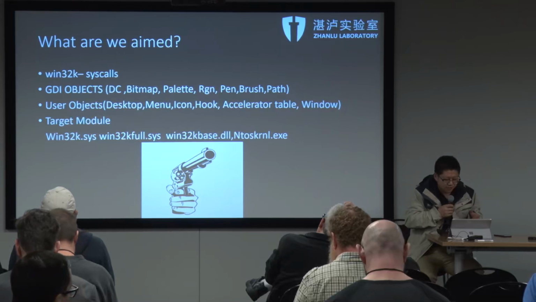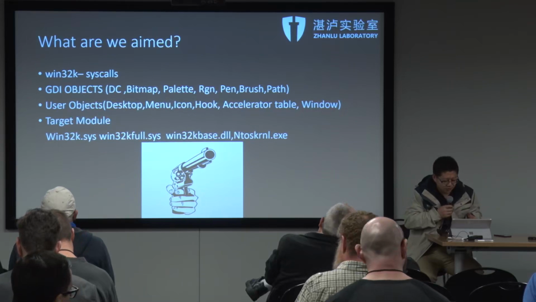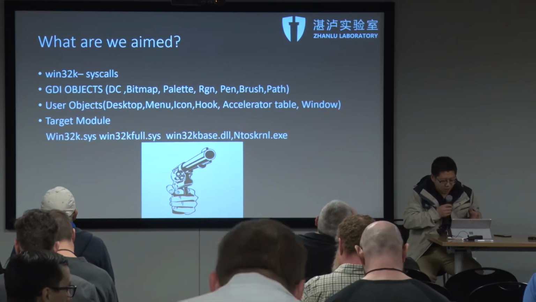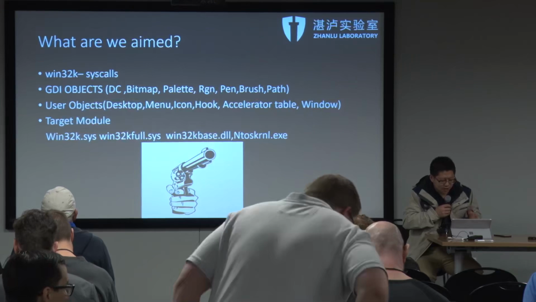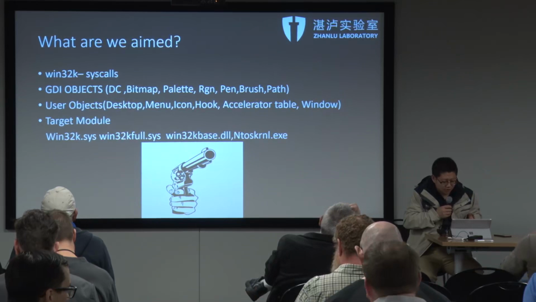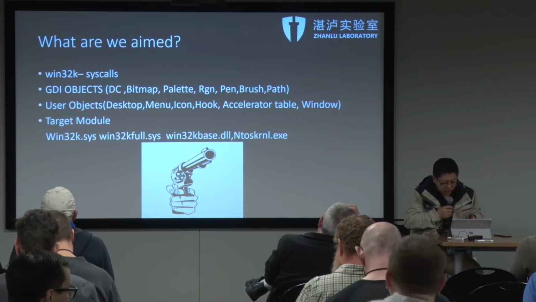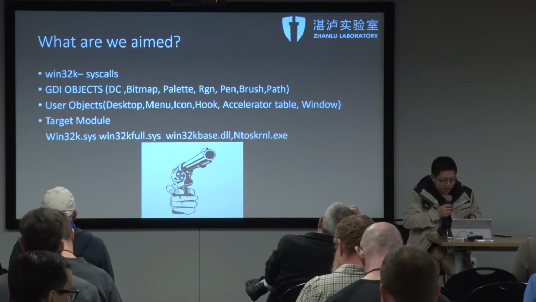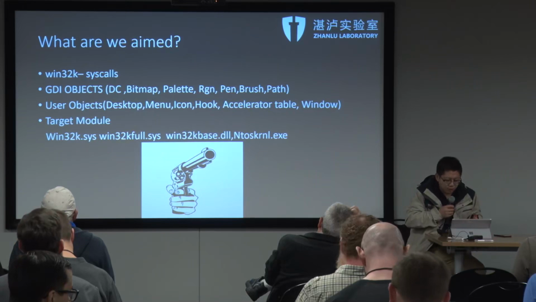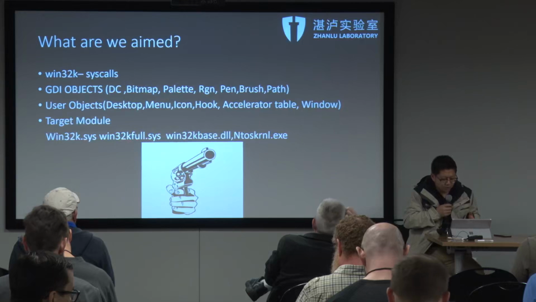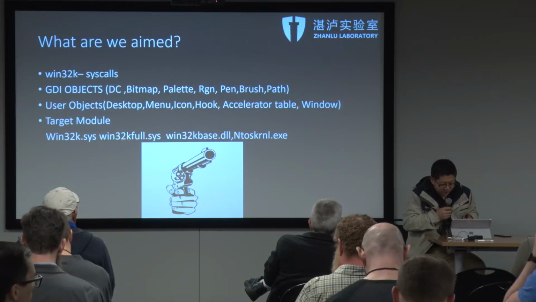Our main target is the Windows syscall functions, and I focus on GDI objects fuzzing, including the DC, bitmap, palette, pen, brush, and some user objects, including the desktop, menu, icon, and so on.